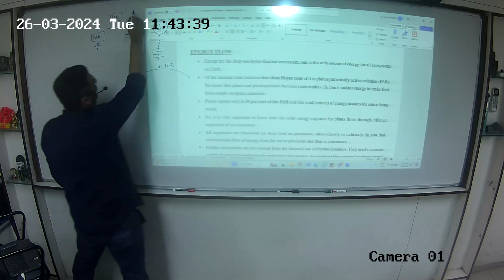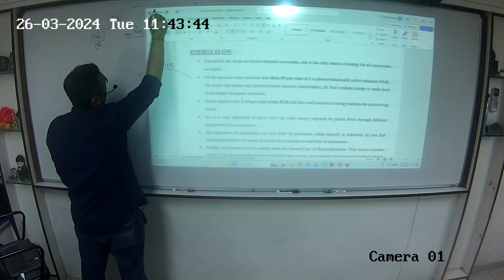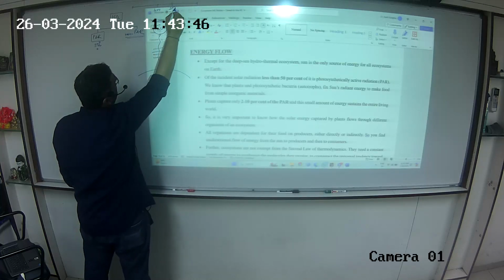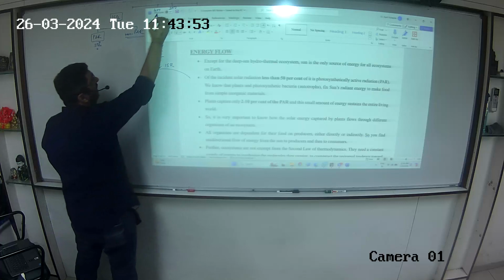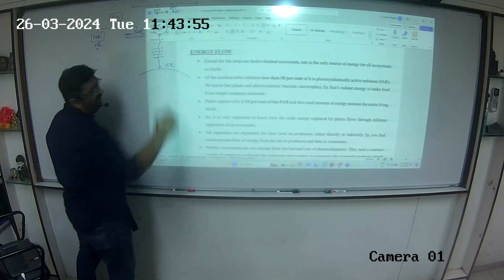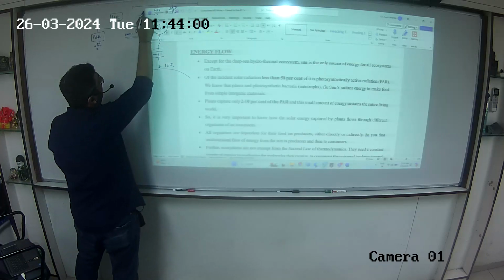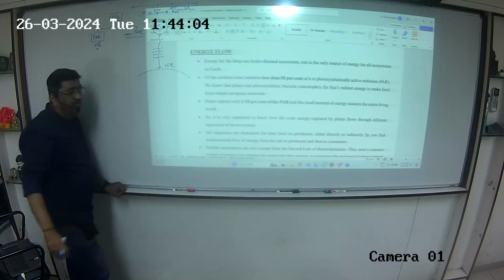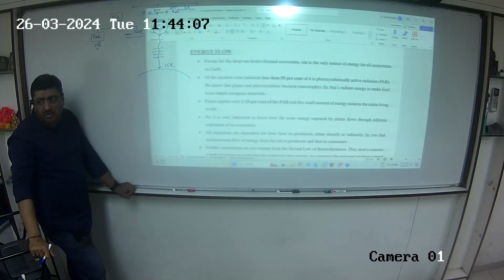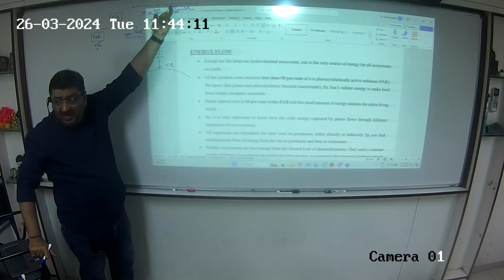In photosynthesis we have identified the range of 400 to 700 as PAR. That is the visible spectrum. On one end we have violet and on the other we have red. What is before this is ultraviolet, and what is after this is infrared, both not visible to the eye. So the visible spectrum only lies between 400 to 700, and that is PAR.